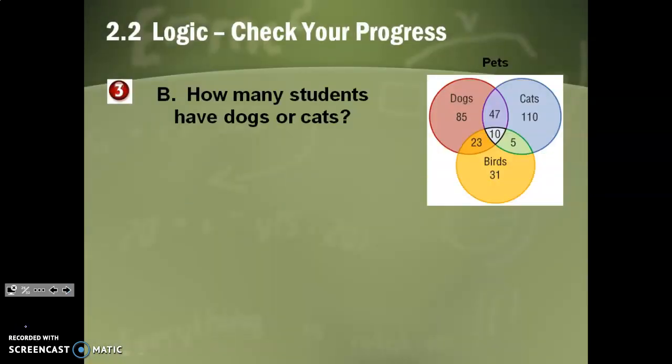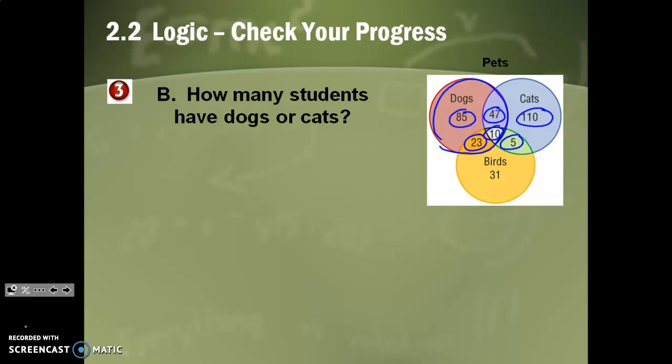How many students have dogs or cats? Again, hit pause anytime. You can figure this out on your own too, or try to, and then you can see if we match. So here are dogs or cats. We want everyone that's inside the circle of dogs here, so we want this 85, the 47, the 10, the 23. And then we also want the 5 and the 110.